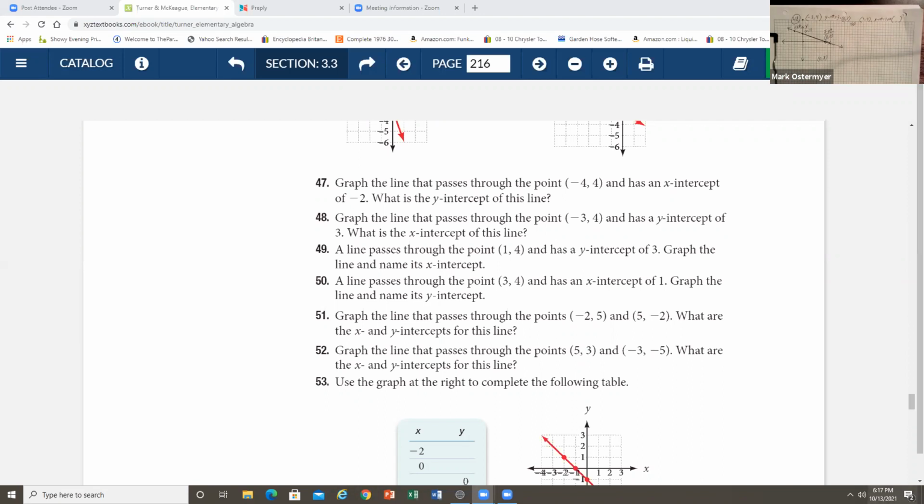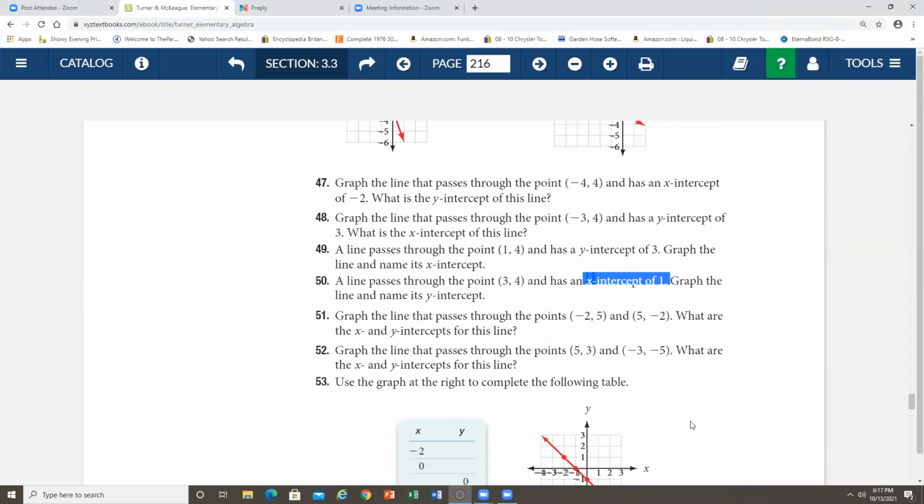It's 1, 0, not 0, 1. 0, 1 is going to be a point on the y-axis. They tell you that this is not a y-intercept, it's an x-intercept. It has to be a point on the x-axis. So it has to be 1, 0, not 0, 1. You have to get that correct.